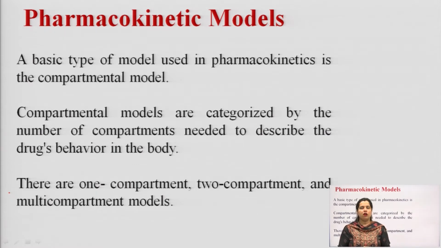So, basically, in compartment modeling, we generally assume the body as a compartment and then analyze its pharmacokinetic behavior. There are one compartment, two compartment and multi-compartment models. So, based on the compartment numbers, we term them one compartment, two compartment and multi-compartment models.